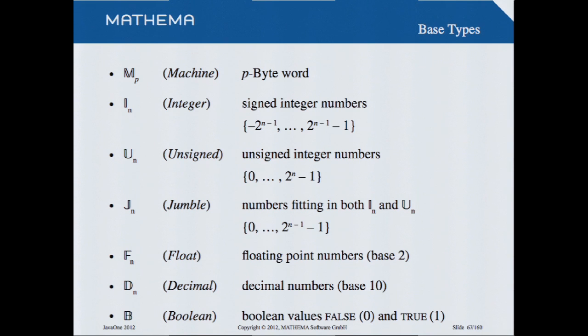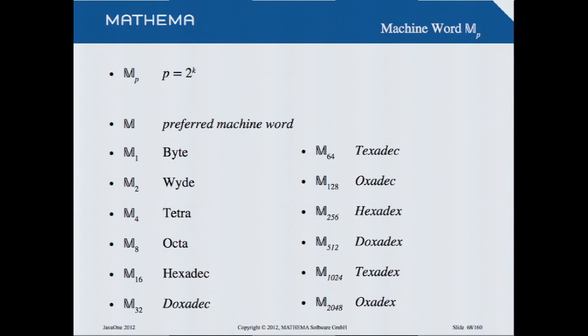But we will see. And then you have the Boolean values, true and false. So as I said, you have special machine words with different width, and you have especially a preferred machine word, which is on a Java virtual machine int, a 32-bit int.